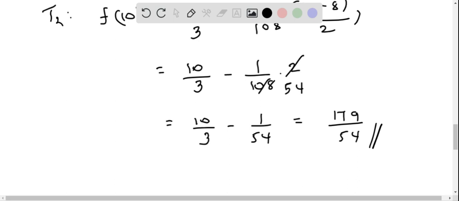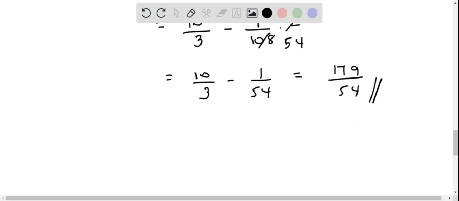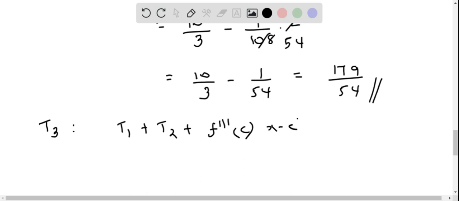We are now just one step away from completing this question. That is, we have to find the T3. T3 is basically the third degree Taylor approximation. So this one is T2 plus, using the Taylor approximation formula, f triple prime of c multiplied by x minus c to the third power divided by 3 factorial.